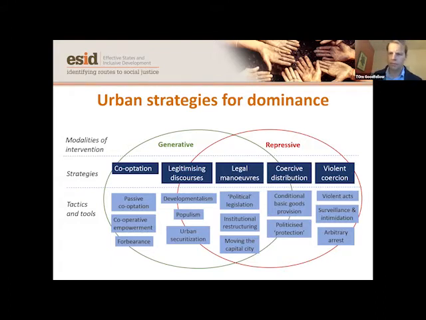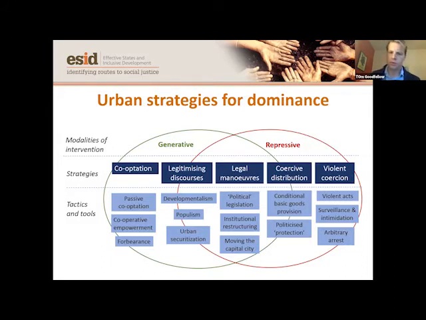But there were others that perhaps fell in between or weren't straightforwardly either generative or repressive. We've included within that a focus on the discourses that elites mobilize to try and maintain control, whether those are developmentalist ones, or populist ones about directly connecting with the urban poor, or perhaps discourses around securitizing the city that often support coercive measures.